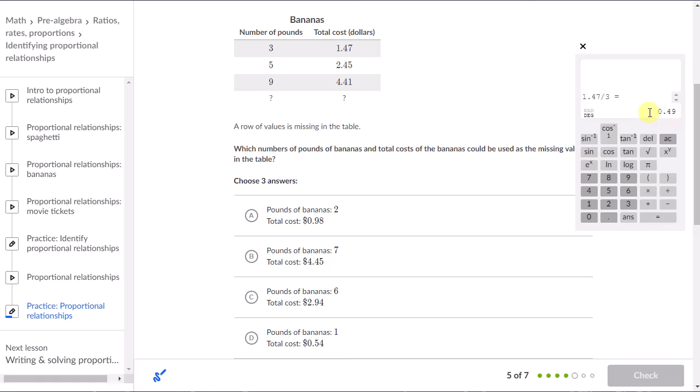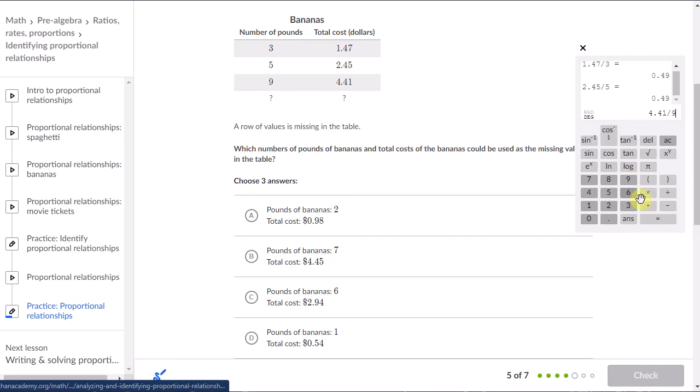So anything that's in the same proportion as these bananas should give me a 0.49. Let's try the 2.45 divided by 5. Gives me 0.49, same proportion. The 4.41 divided by 9 equals 0.49 again.